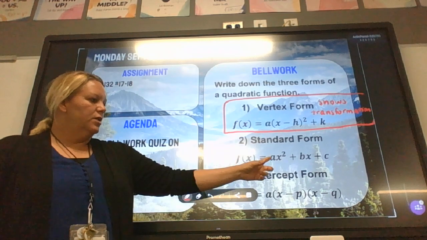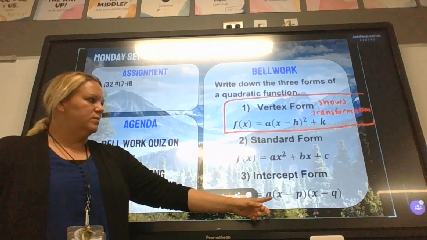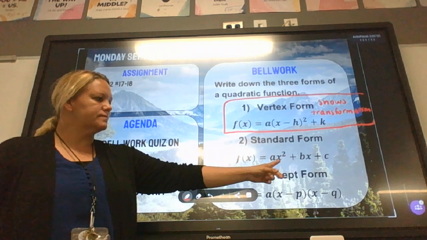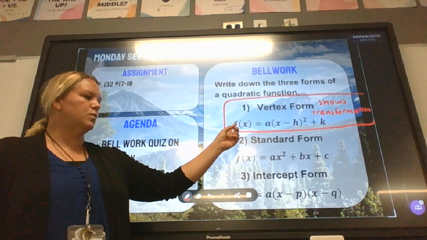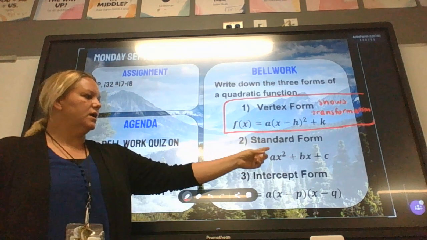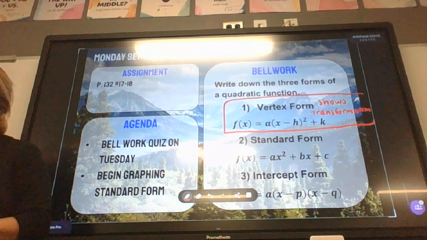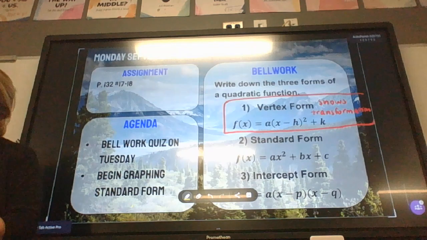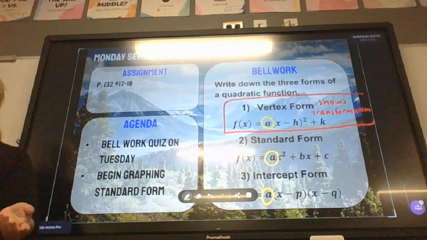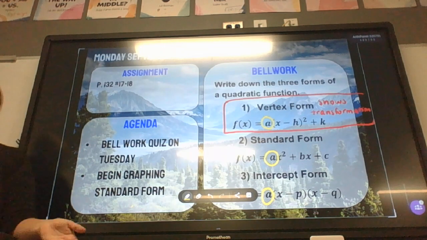But one thing that all three of these have in common, well, they all have x, and then they all have y, or f of x, but they also have the letter a. I see an a in this form, I see an a in this form, and I see an a in this form. And a always means the same thing.